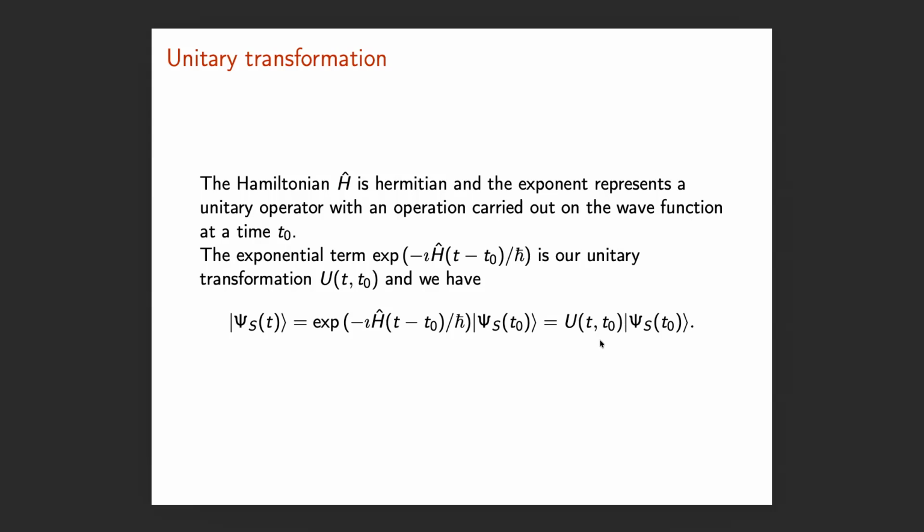So the quantum mechanical gates which we are going to look at, like a Pauli X gate, a Pauli Y, Pauli Z gates, etc., are going to be represented by this generic operator U, acting at a time t0 and bringing the state to a new state at a time t.